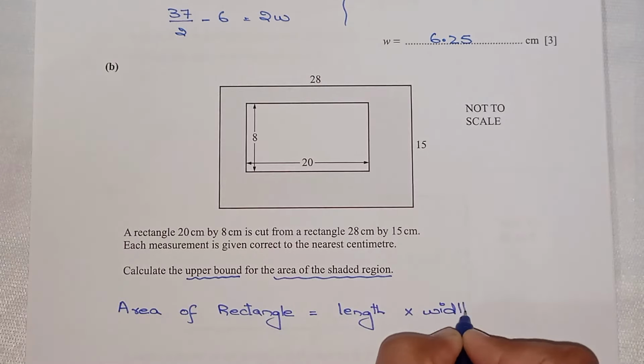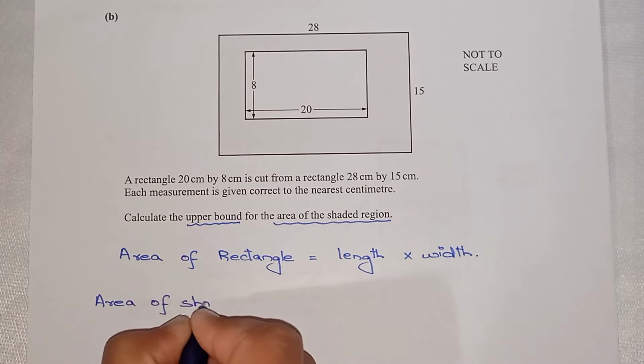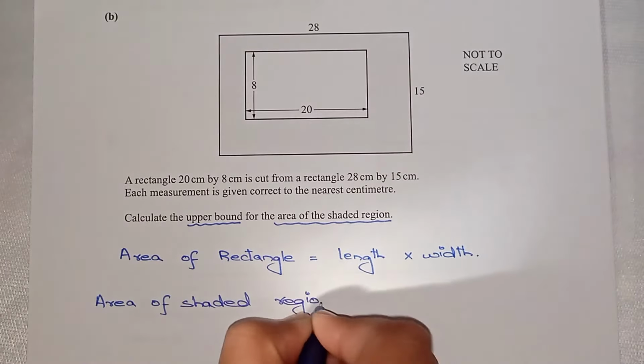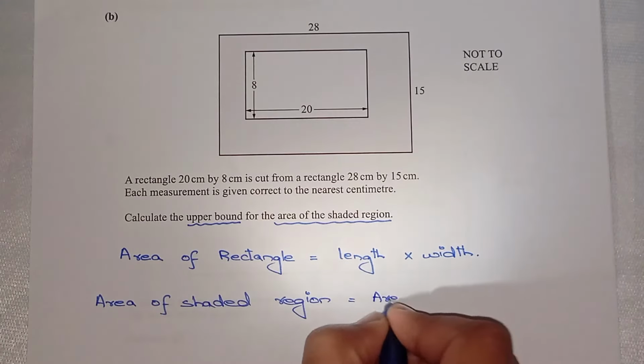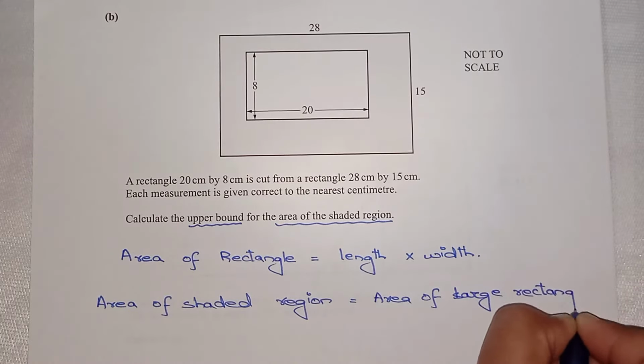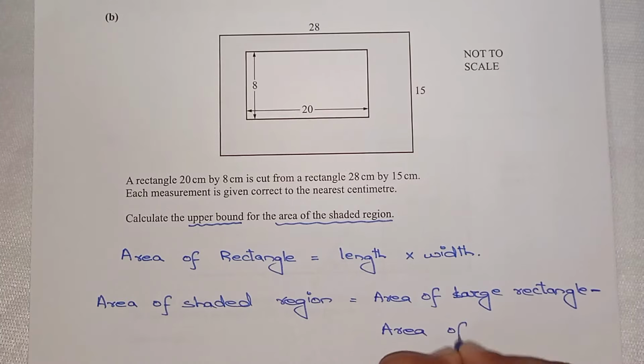Now we need to find the area of the shaded region. Area of the shaded region would be equal to area of the large rectangle, subtract area of the small rectangle.